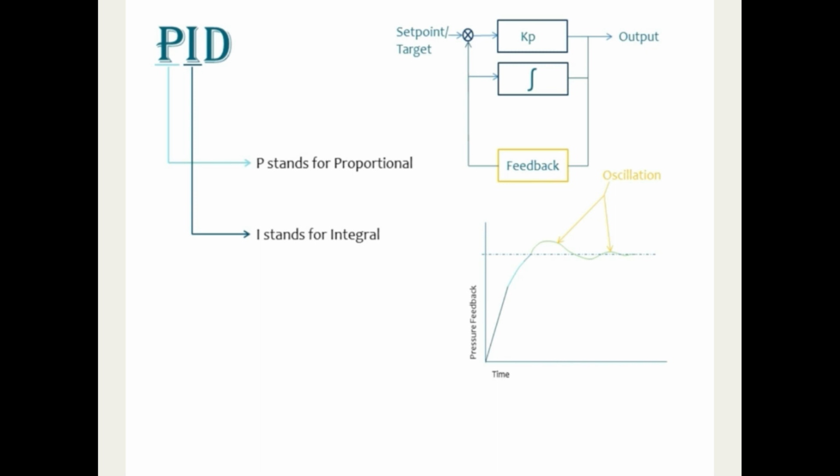So how about if we reduce this oscillation here at this point, but for that our controller should be capable of prediction, which tells in advance that this oscillation might happen and I should recalibrate my output so that this oscillation could be avoided. And that's the job of derivative, the last component of PID.